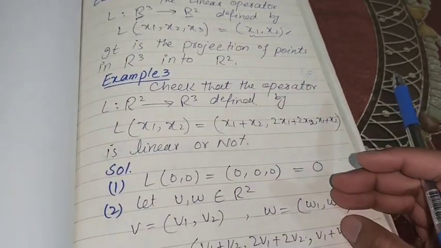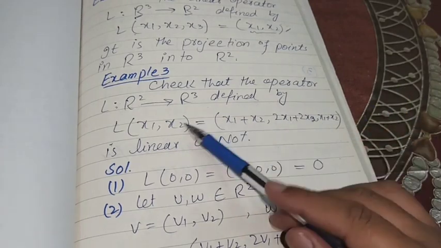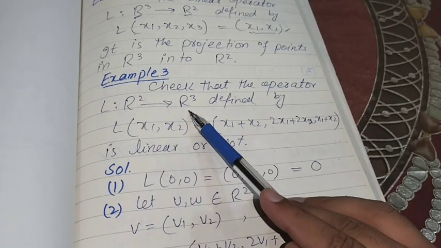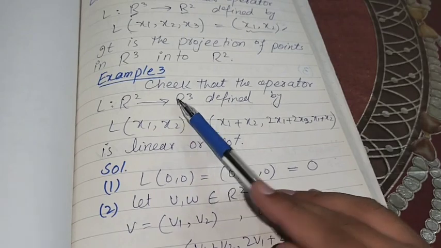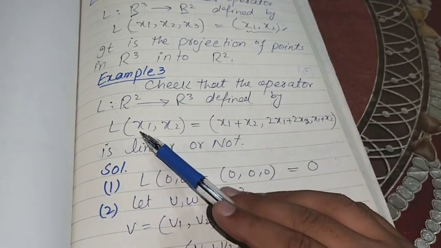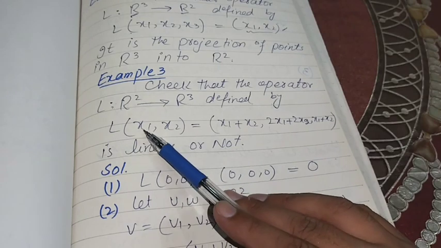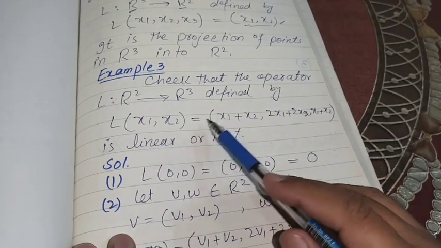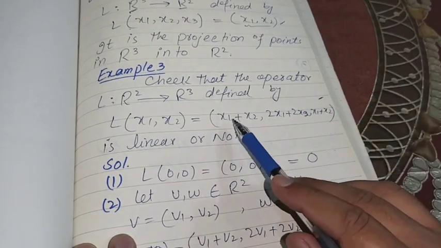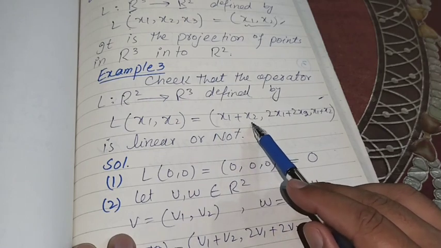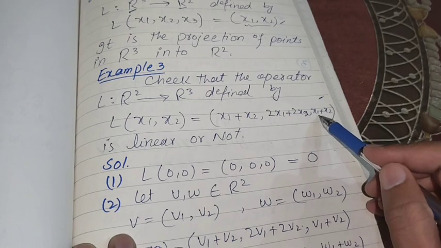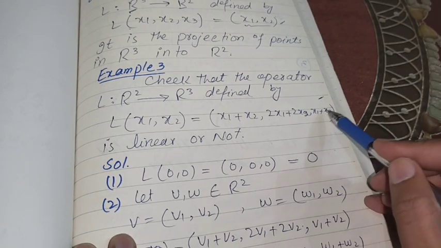Now we will move toward example 3, in which we will define a linear operator, a mapping from R square to R cube. We define this mapping in this form, in which we apply the operator L to the points x1 and x2, and the output of this mapping is in this form, which is x1 plus x2, 2x1 plus 2x2, and the third element is x1 plus x2.